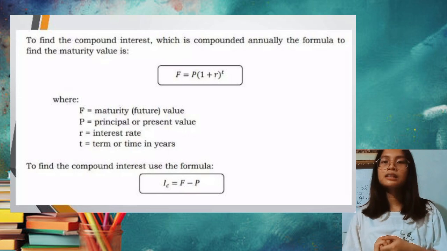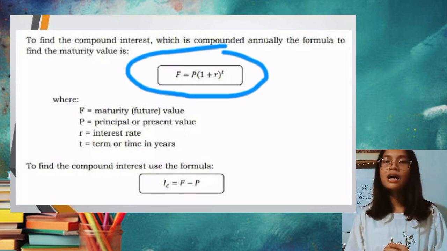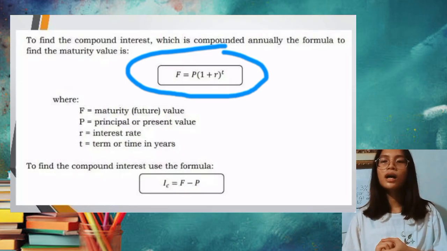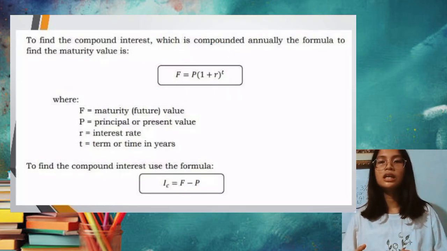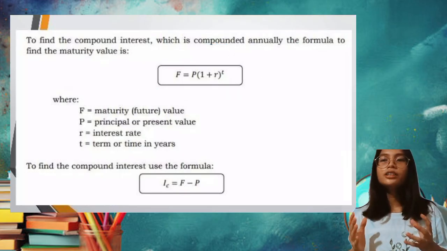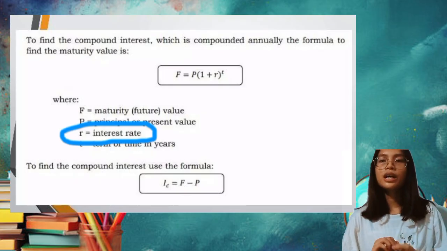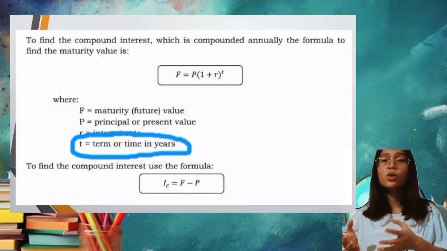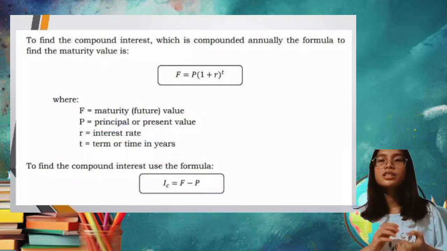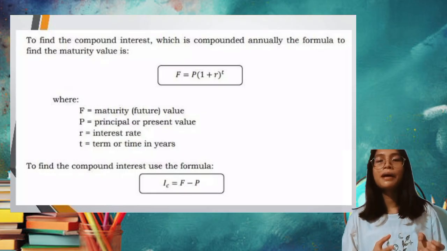Next naman natin is yung formula for the maturity value, which is F is equal to P times (1 plus R) raised to T, kung saan yung R natin is your interest rate at yung T mo is your term or time in years na kung saan iniligay mo ang pera mo.